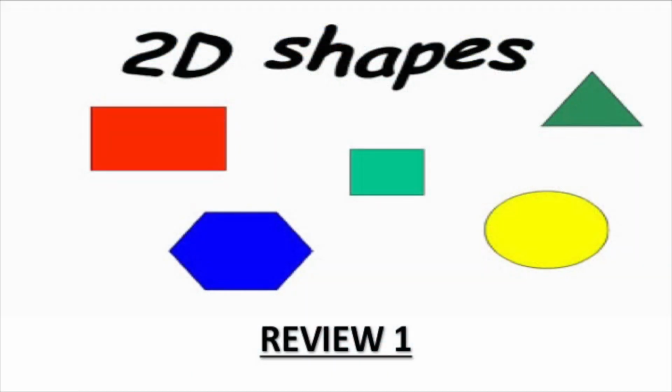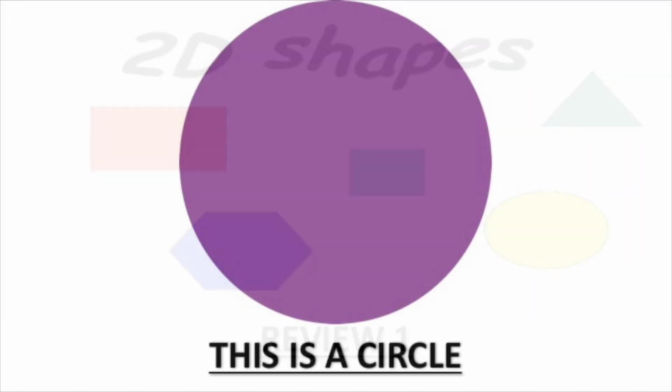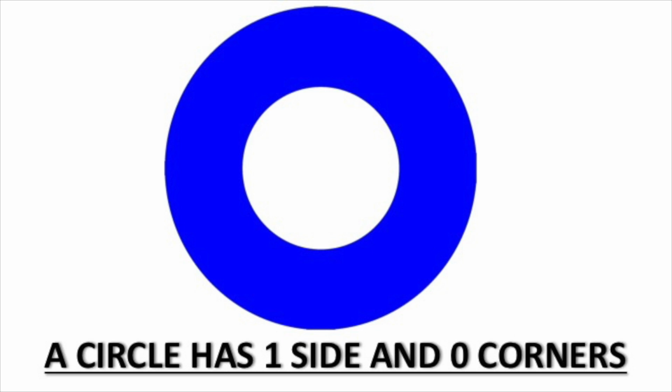Now we'll have a look at our PowerPoint presentation to refresh how many sides and corners each shape has. So altogether, 2D shapes, review, 1. This is a circle. A circle has one side and no corners.